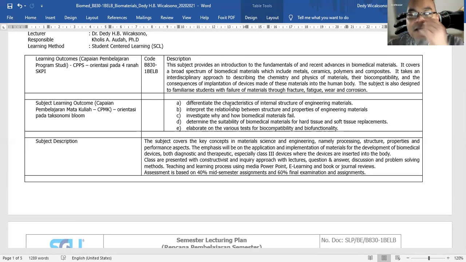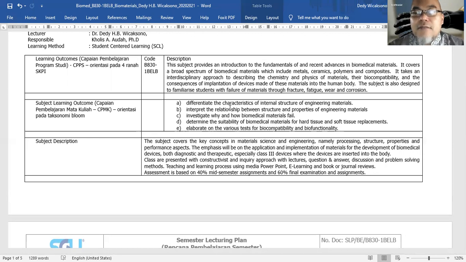Class 2 devices, on the other hand, usually attach to the outer surface of the body, the skin, etc. While class 1 devices do not interact at all. So the critical part in choosing material for biomedical application is especially in class 3 devices, implantable devices.